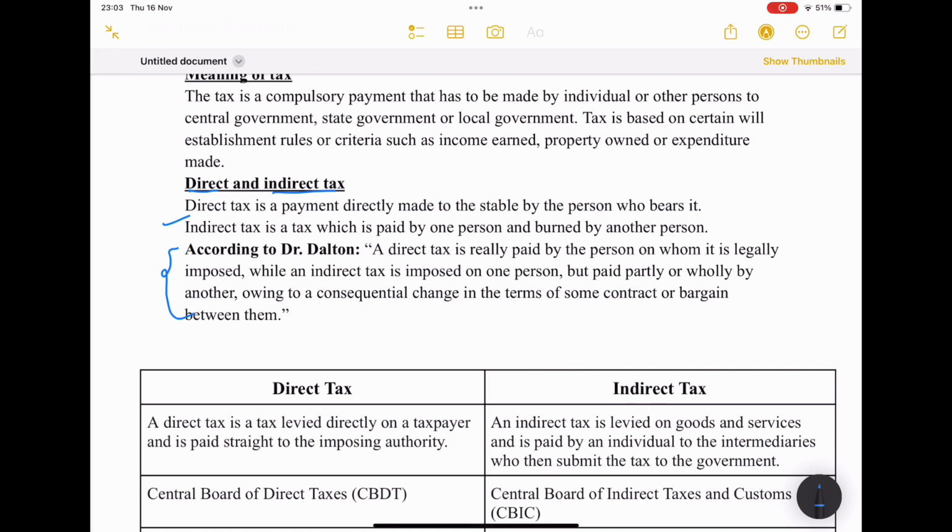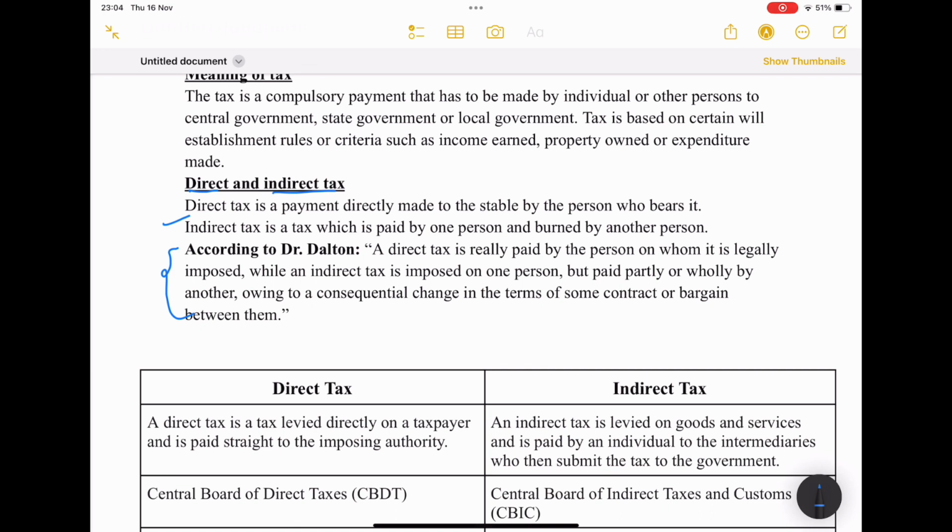The person who is earning income is himself liable to pay tax. We can call that a direct tax. Here my tax liability cannot be transferred to another person. For example, I cannot transfer my income tax to another person. I myself have to pay the tax.